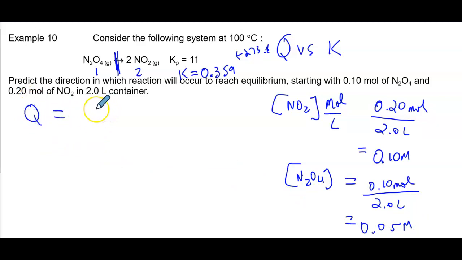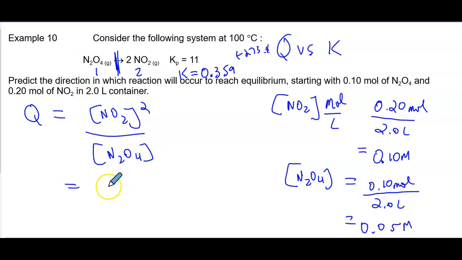Okay, so now we can set up our Q. Our Q is the same as before. We're going to take NO2 squared, my products, over my reactants. There's a 1 here, so there's no power. So I can calculate Q. I've got to grab the correct number, 0.10 squared over 0.05.